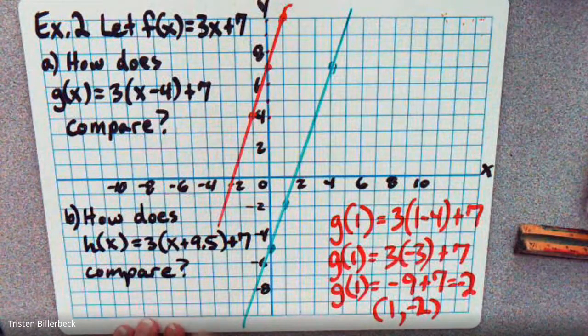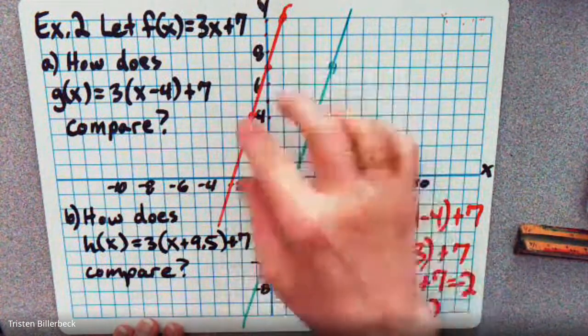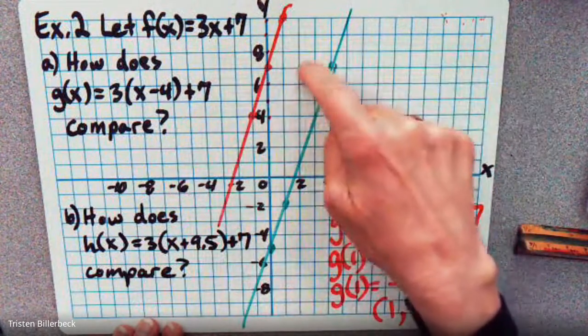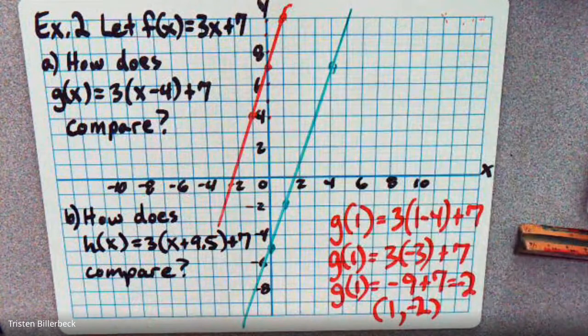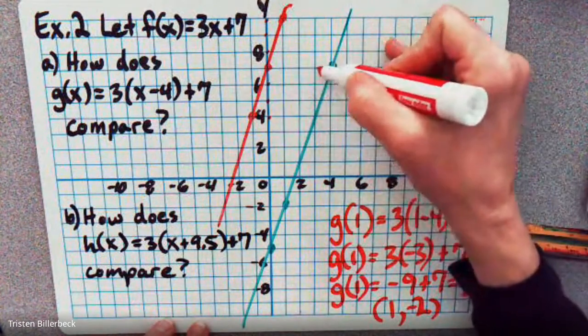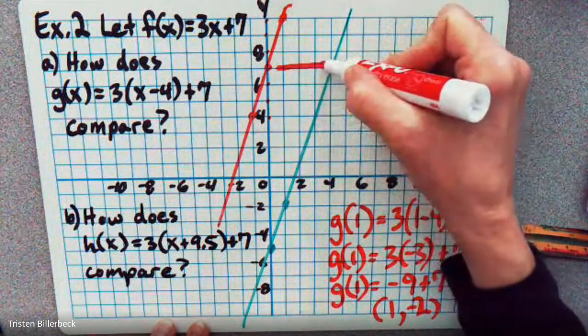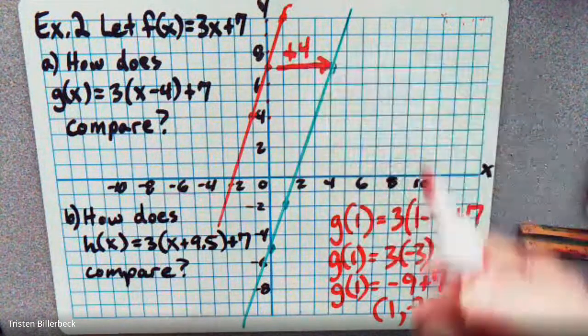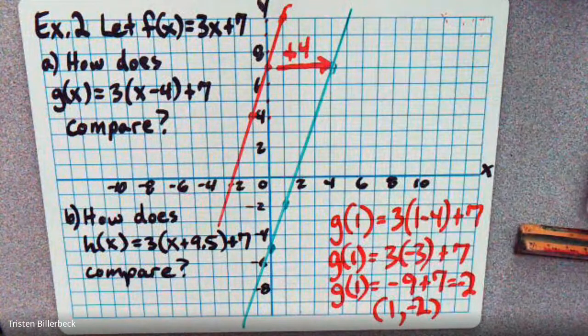Okay, so we see this has shifted over about 4 right here. So if we count 1, 2, 3, 4, this shifted +4, and it shifted in that direction.